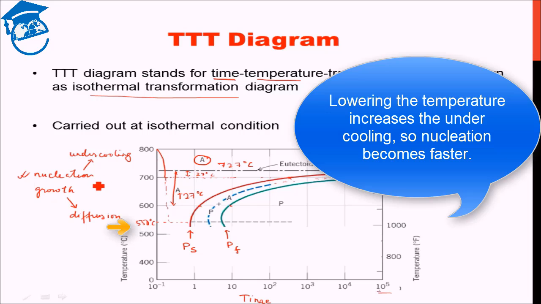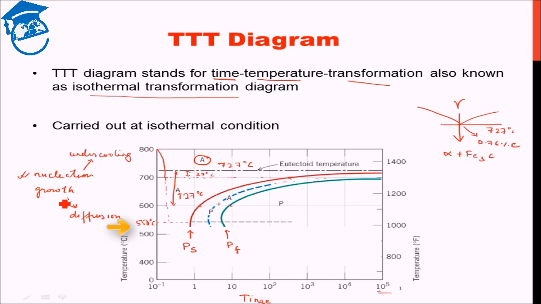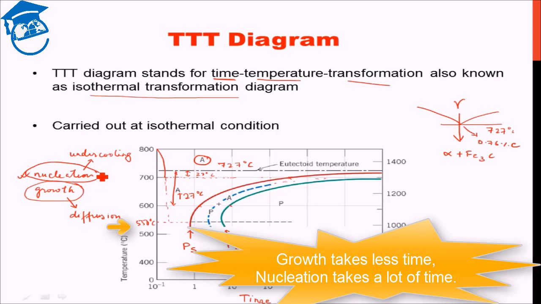And though growth is diffusion focused, still 550 degrees Celsius in itself is quite a high temperature. So the diffusion rate does not vary drastically between 550 and 700 degrees Celsius. So basically growth does not take a lot of time. Nucleation takes most of the time.